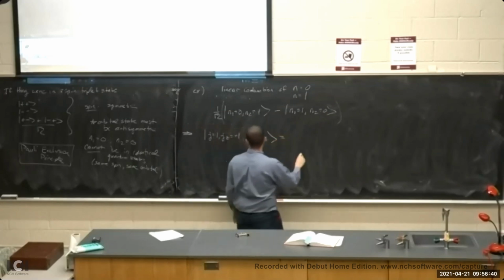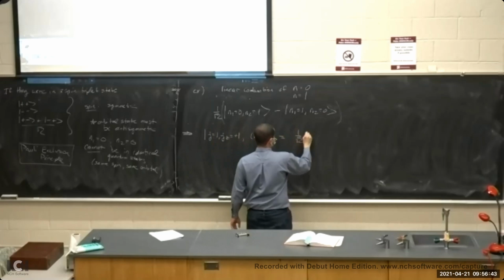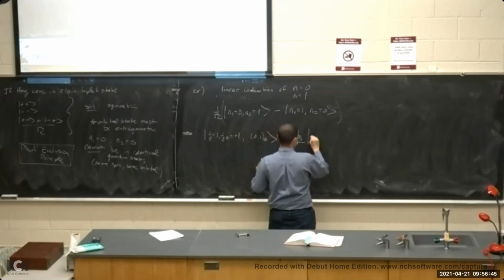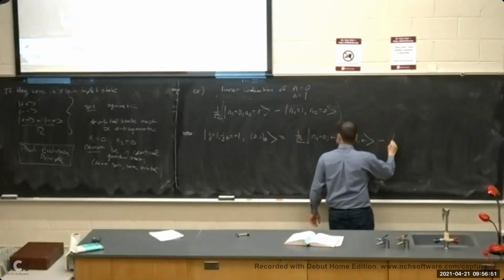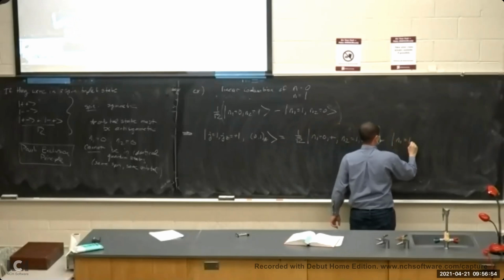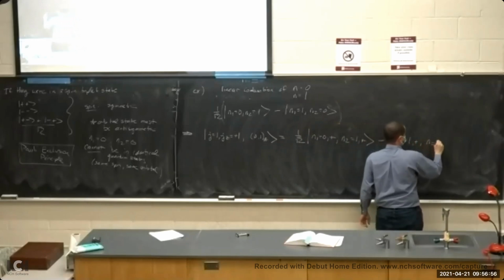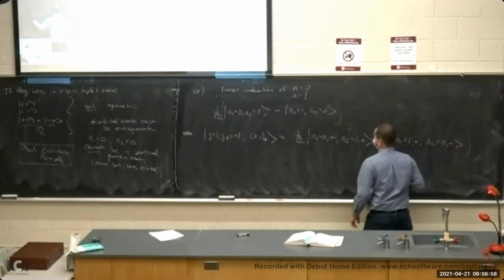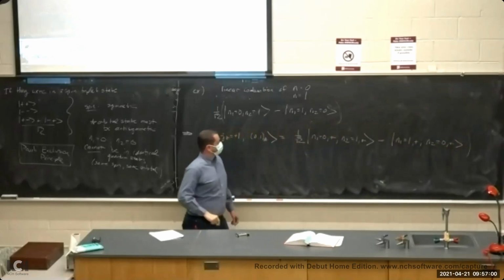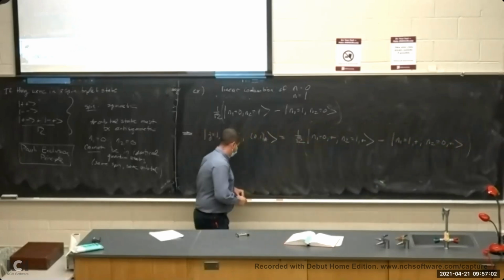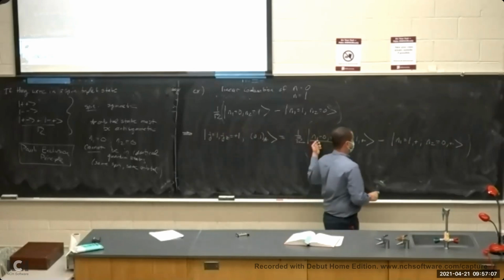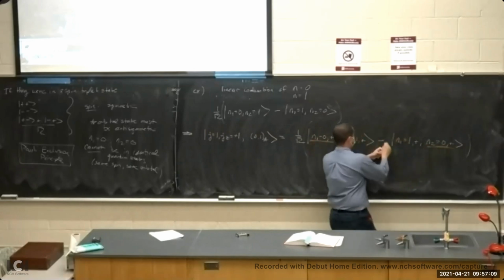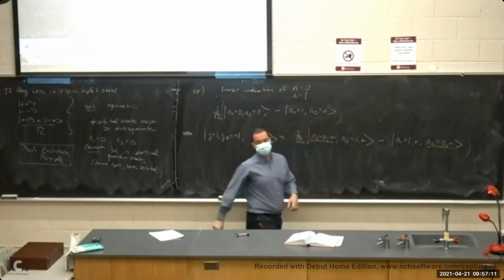What I mean by this is exactly this combination: 1 over root 2, this is the state where particle 1 equals 0 is spin up, and particle 2 equals 1 also spin up, minus particle 1 equals 1 with spin up, and particle 2 equals 0 also with spin up. This object is anti-symmetric under total exchange of all quantum numbers. If I swap n equals 1, n equals 0, I generate a relative minus sign, as I'm supposed to, to be good with Fermi.